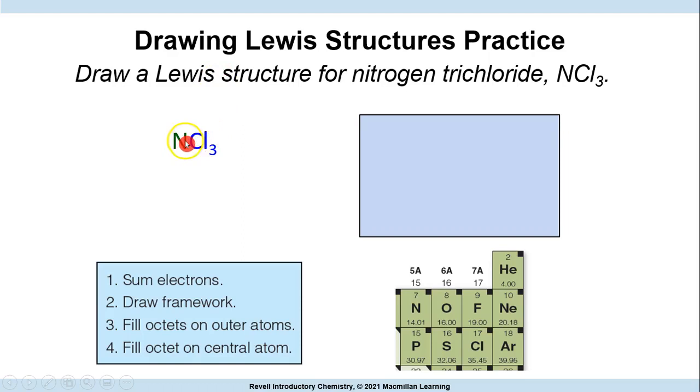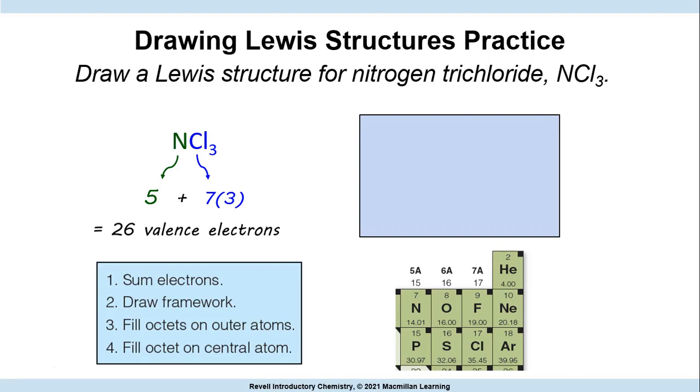Nitrogen is found in group 5A, so it will have 5 valence electrons. Chlorine is found in group 7A, so you have 7 valence electrons, and we have 3 of them, so that will be 7 times 3. Now, we have to sum up the valence electrons. If you sum 5 plus 21, that gives you 26 valence electrons.